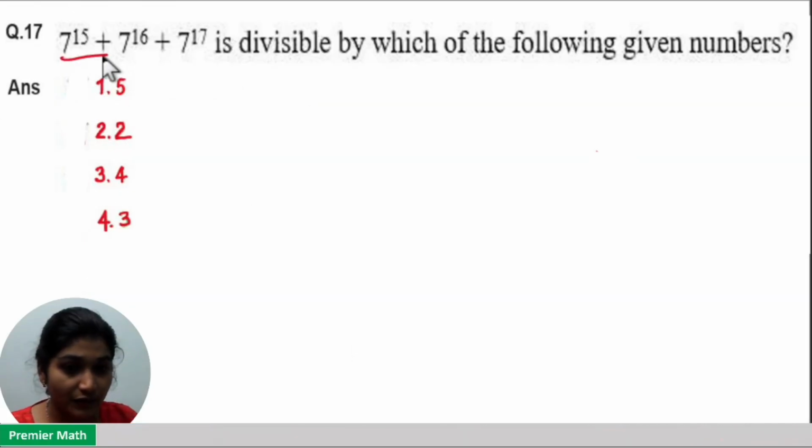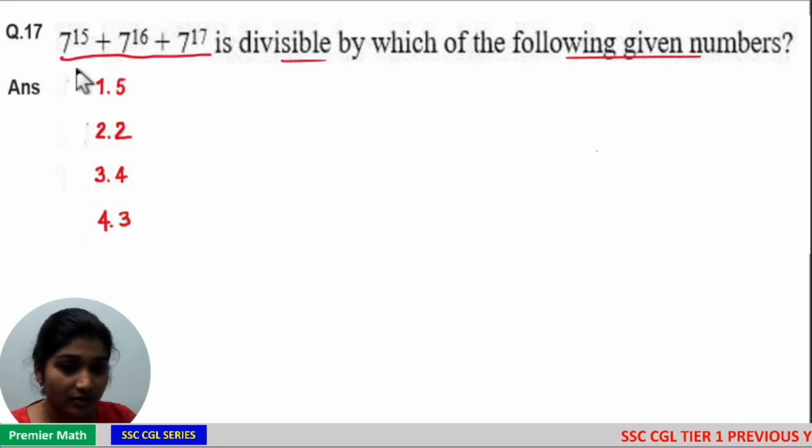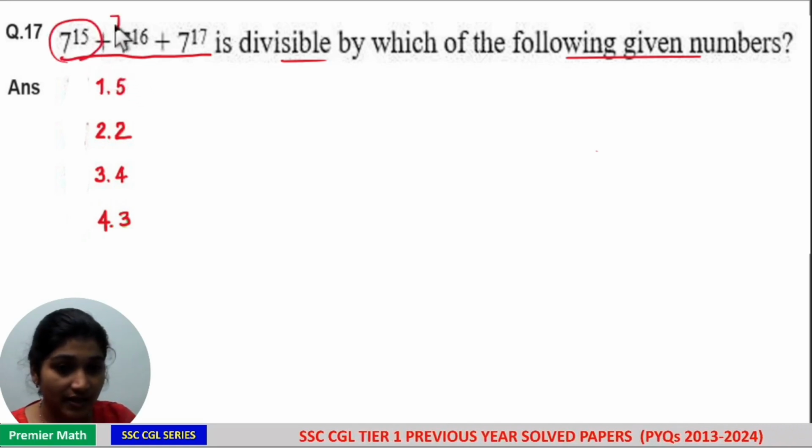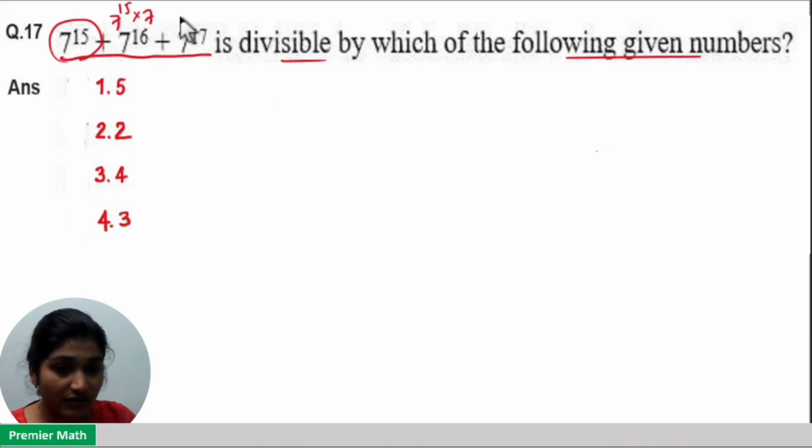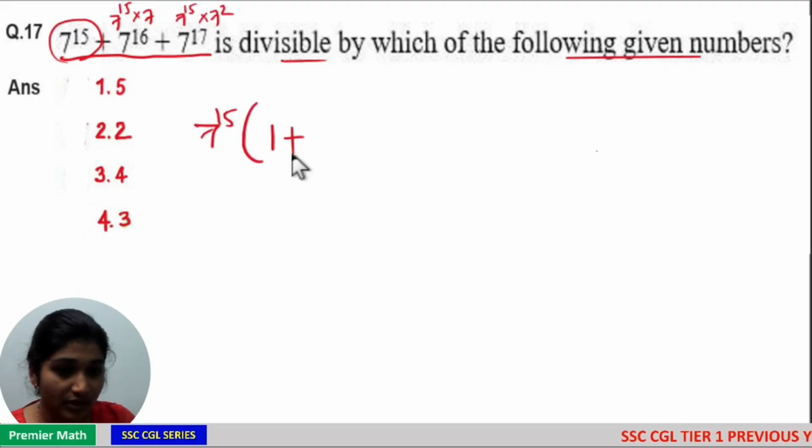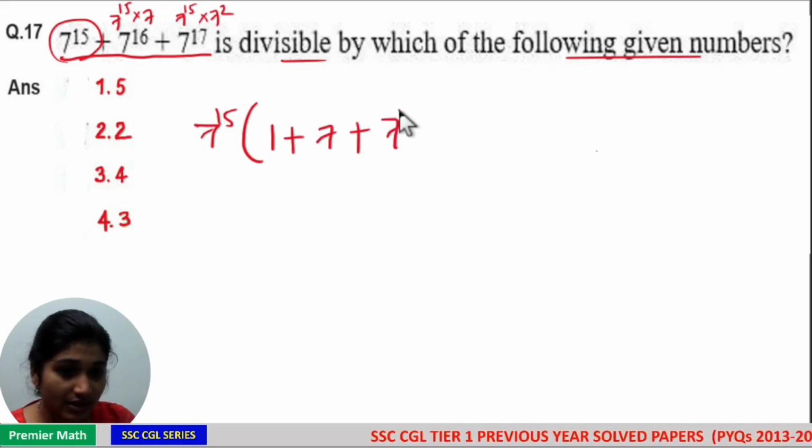7 raised to 15 plus 7 raised to 16 plus 7 raised to 17 is divisible by which of the following given numbers? Here, the least power is 7 raised to 15. 7 raised to 16, I can write it as 7 raised to 15 into 7. Same way, 7 raised to 17 means 7 raised to 15 into 7 square. Now, if you take 7 raised to 15 outside, the first term will become 1, the second term will become 7, and the third term will become 7 square.